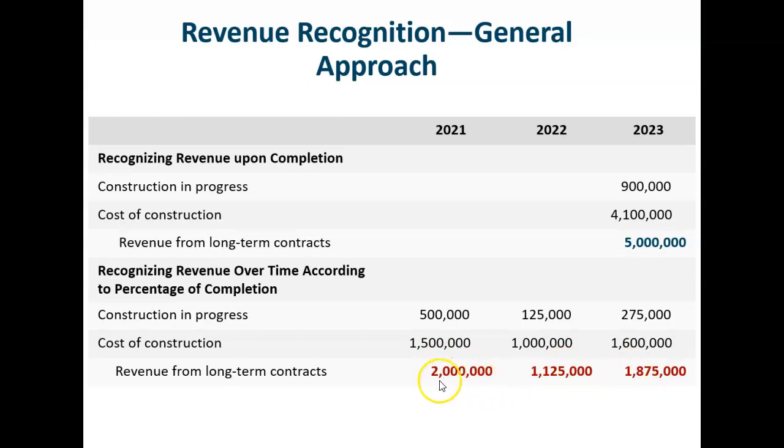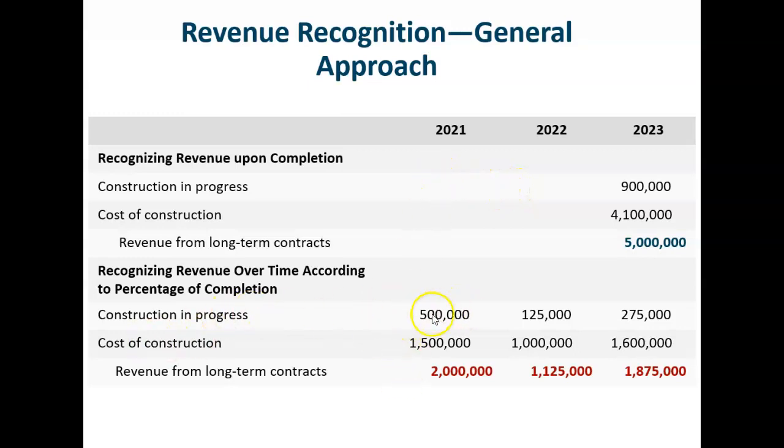Important to recognize right now, however, is that the $2 million of revenue that we're recording in 2021, plus the $1,125,000 of revenue recorded in 2022, plus the $1,875,000 recorded in 2023 equals the total $5 million of revenue that is required by the contract. And it's the same amount that we would have billed had we recognized the revenue upon completion.